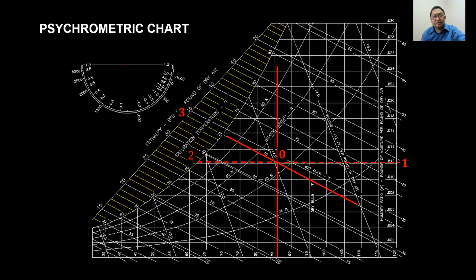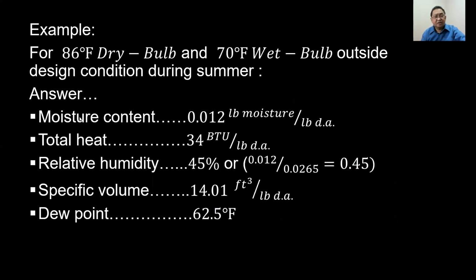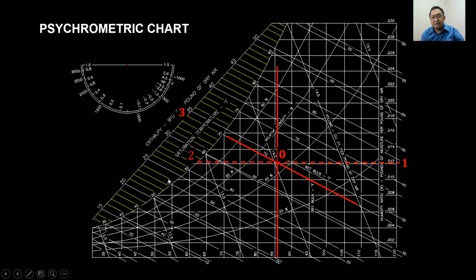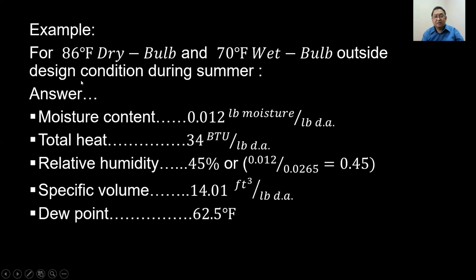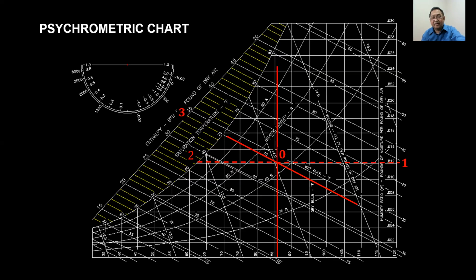And the next requirement will be the relative humidity. We find it in here. So the relative humidity is 45%, okay, or you can also use 0.012 divided by 0.0265, which is 0.45.